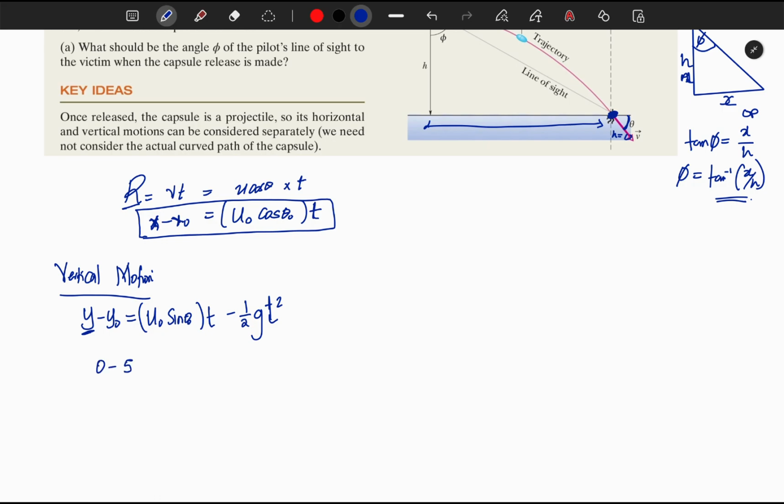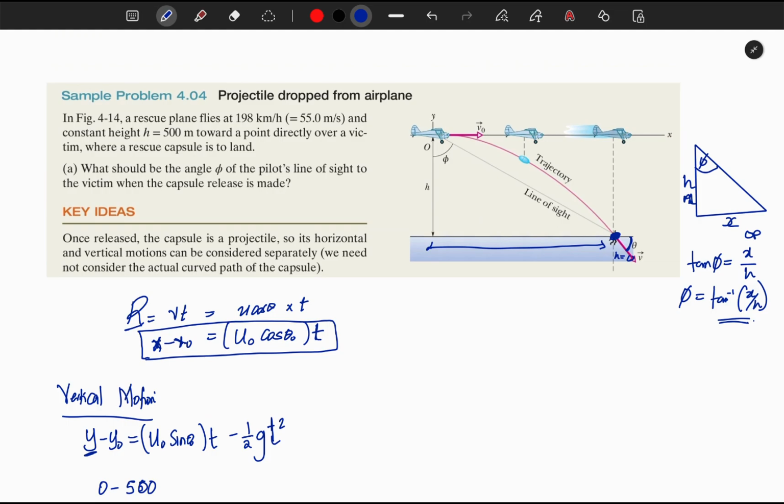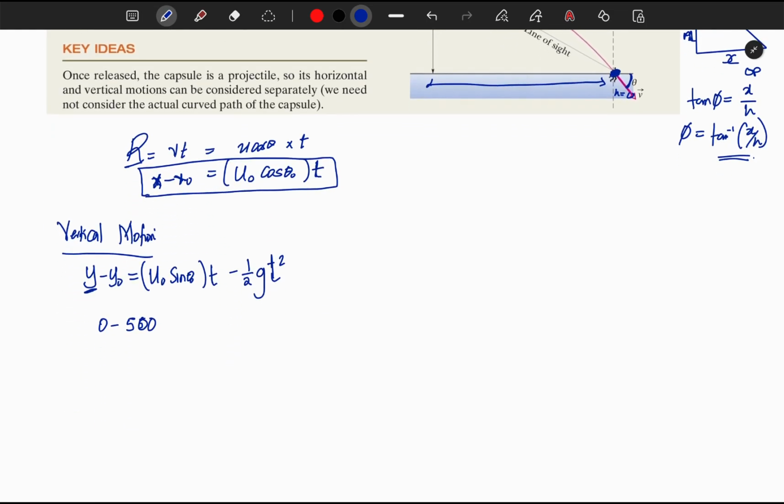That will be 0 minus 500 as the height. I think you can see there 500 multiplied by 55 sine, now initial angle is 0 degrees, minus half, acceleration is 9.8, then you put t squared there.